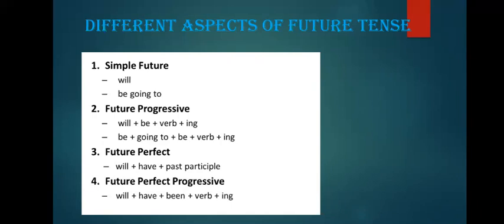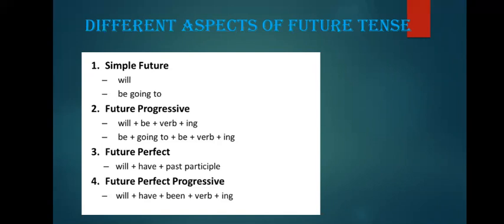Since it is future continuous tense, and progressive means continuous, you are going to use will plus be plus the present participle form of verb, which is basically the ing form of verb. Just like if I say, she will be going to the market, or he will be buying some clothes for his brother.